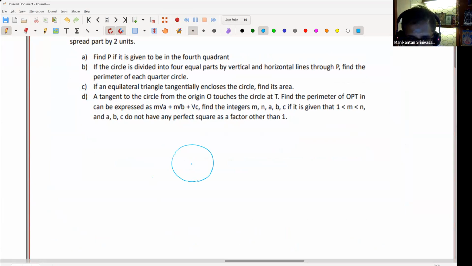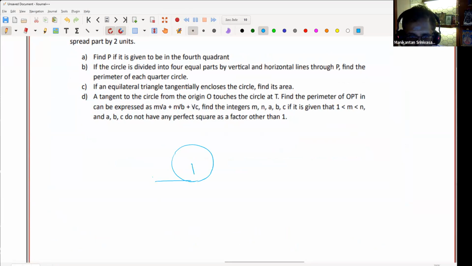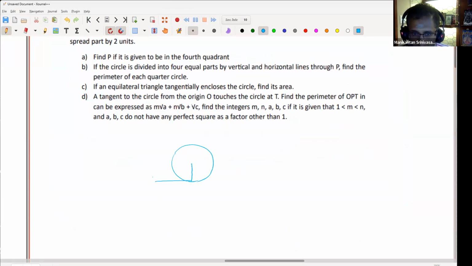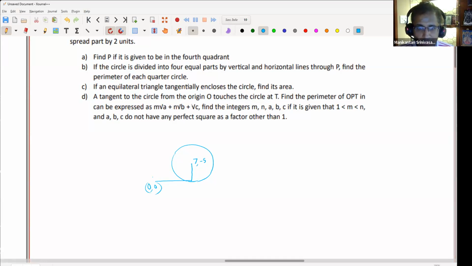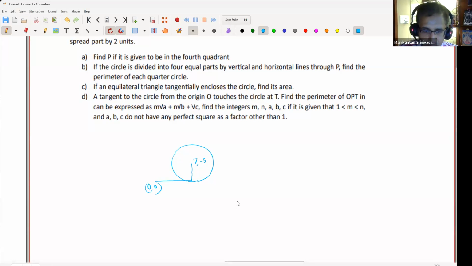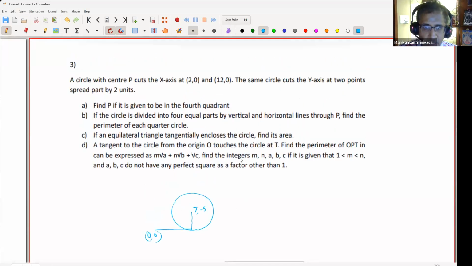And then the tangent. Now the coordinates of the center of the circle was 7, minus 5, if you recall. So I've not drawn it to scale or exactly where each of those points fall, but this is 0, 0. This is the origin. This is 7, minus 5, right? And we remember that there were, okay, all right, we can in fact use this itself, right? Why should we?